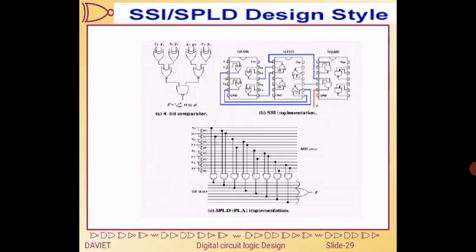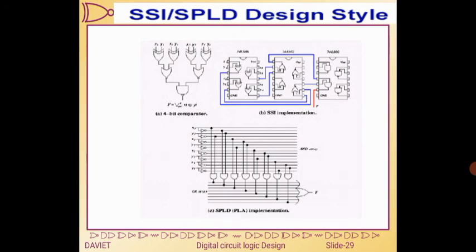So first is the AND-OR implementation. First we use the AND array. We AND two elements, for example x1 and y1 bar. Depending upon the expression, first we perform the AND array operation.